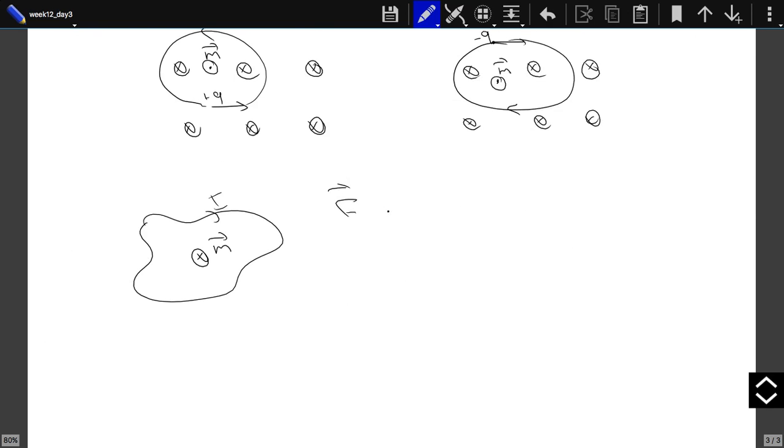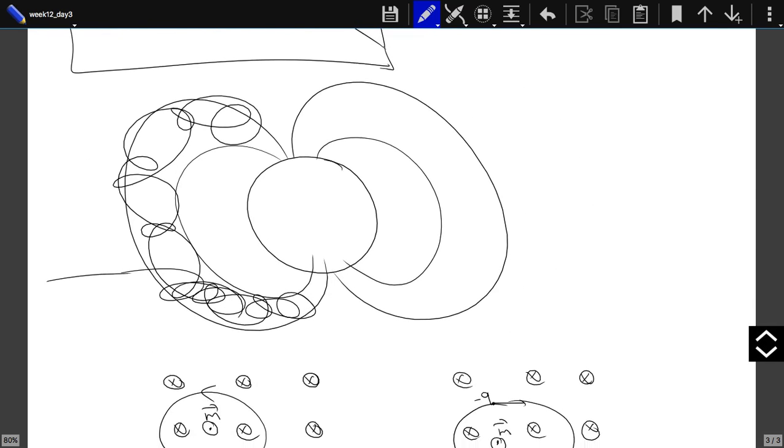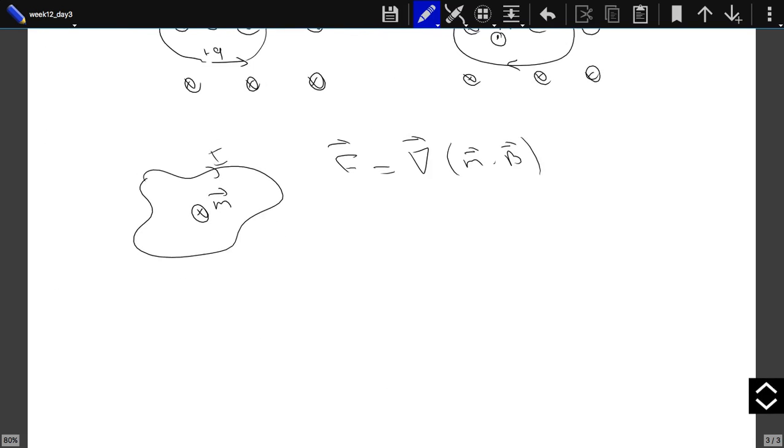So let's see, we know that F is equal to the gradient of M dot B. Well, in this example of the charged particles in this Van Allen belt, of course, the B is not uniform. But still, taking into account the size of the Earth, and these dipoles are small, at their length scale, it's almost uniform. And they will have an average magnetic dipole moment which will typically point in the opposite direction of the B field.